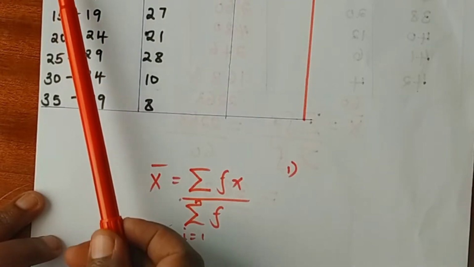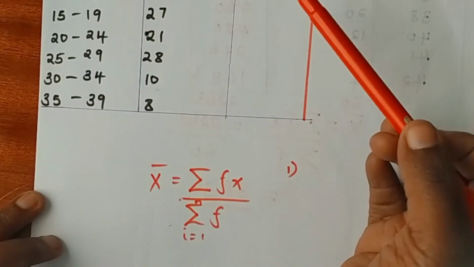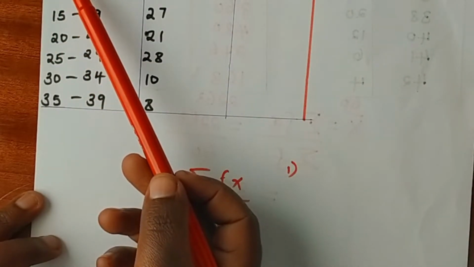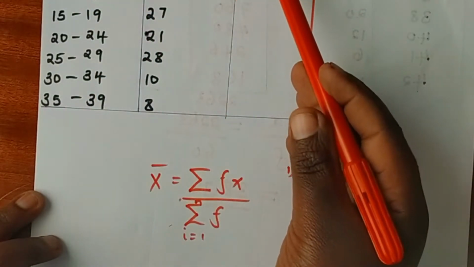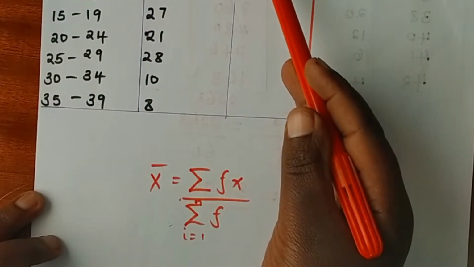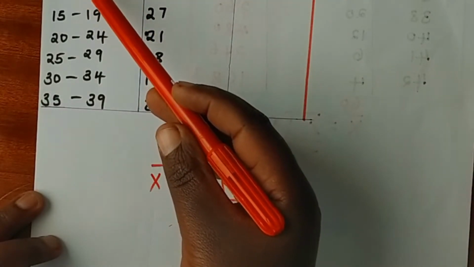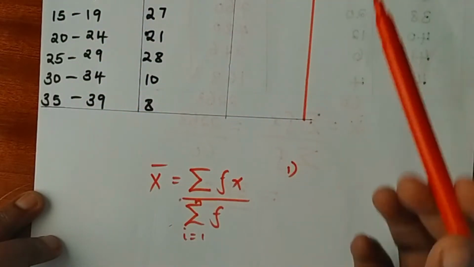So the first step is to find a value to represent these class intervals, and conventionally we use the midpoint of each class as our x value.